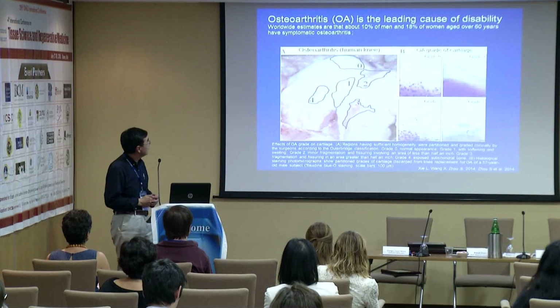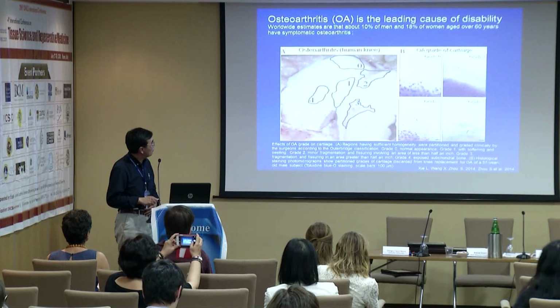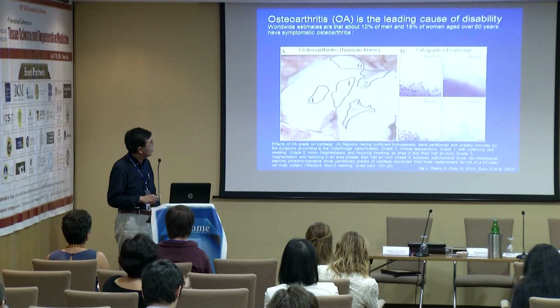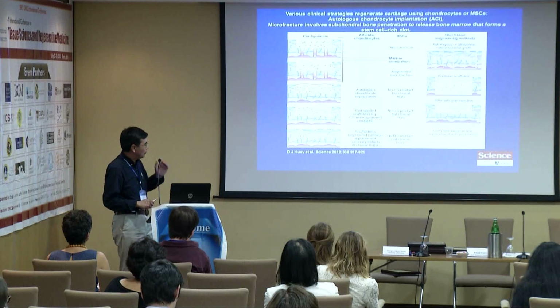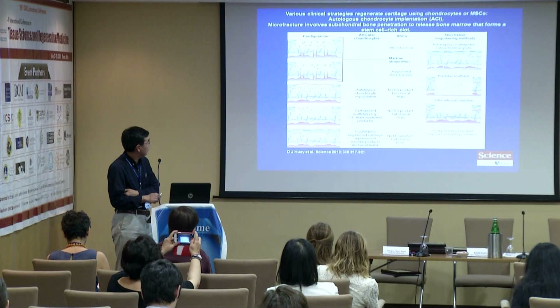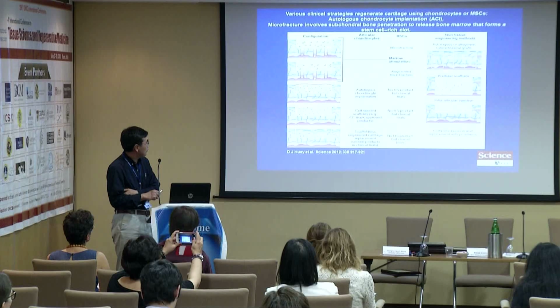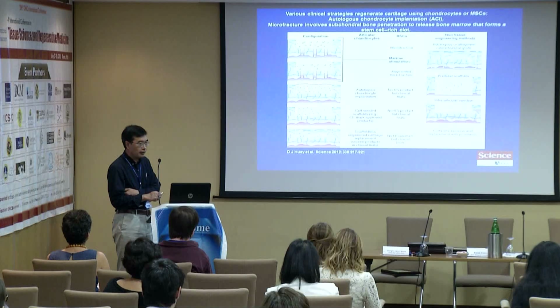So that's the OA drawing, with different levels of damage by OA grade. Grade 0 is normal, grade 1 is a little bit of cartilage damage, and then the grade increases until the cartilage is totally lost. It then shows the subchondral bone. One technology to repair cartilage damage is called microfracture, which drills a hole into the cartilage and releases the bone marrow from the subchondral bone.